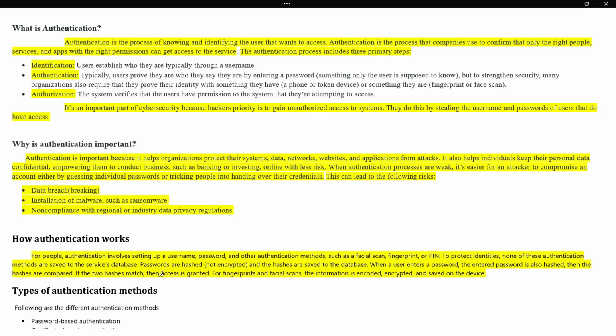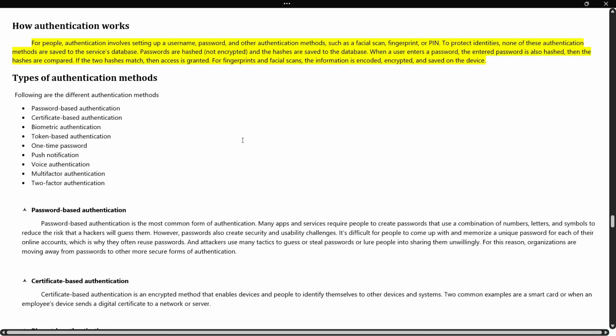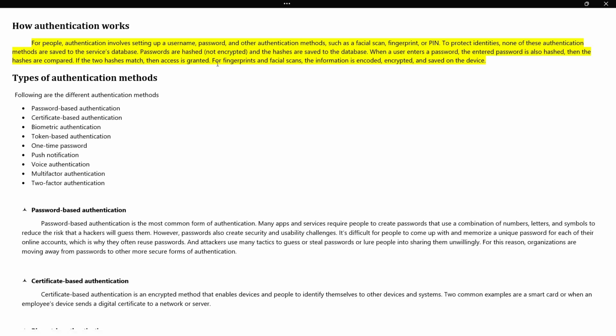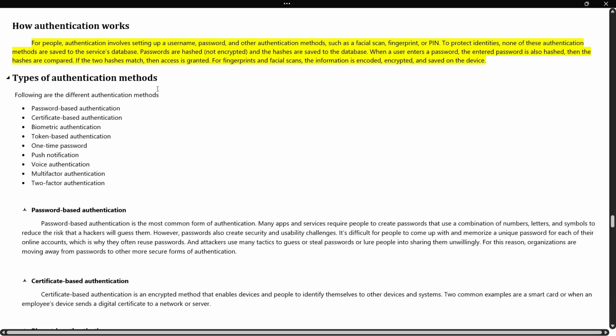If there is multi-factor authentication, once you enter the username and password, it may ask you for a fingerprint or OTP or anything. We will see that in the types of authentication methods. In that case, whatever information you are giving, for example OTP, fingerprint or facial scan, we encode and then encrypt it.